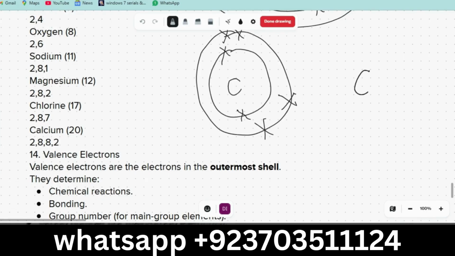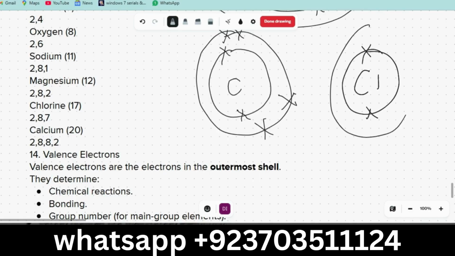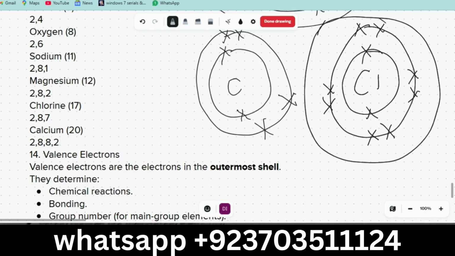Chlorine has 2 in the first shell, 8 in the second, and 7 in the third.